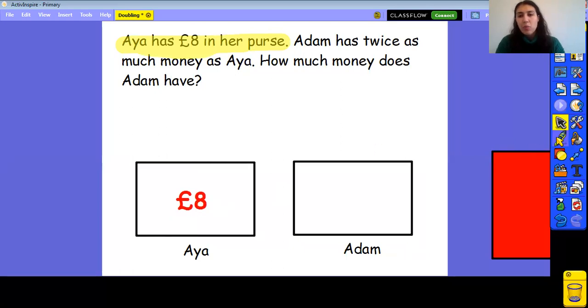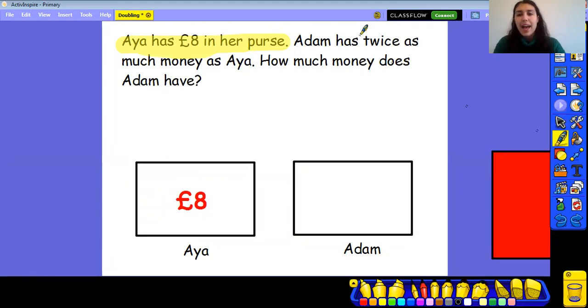Now, what I do know is that Adam has twice as much money as Aya. So whatever Aya's got, Adam's got that twice. That means 2 times more. So what that means is we are going to say that Adam has got 2 times the amount as Aya.